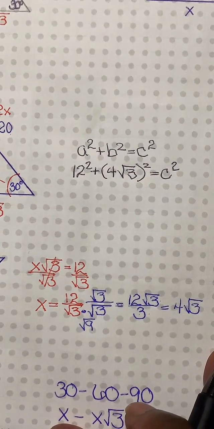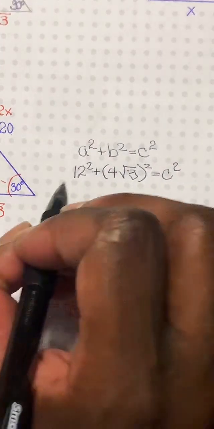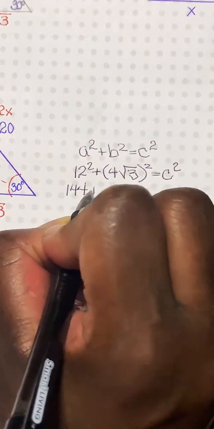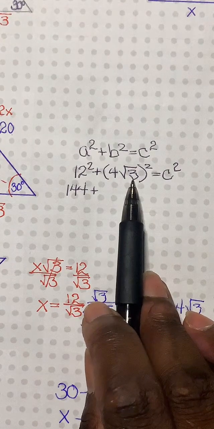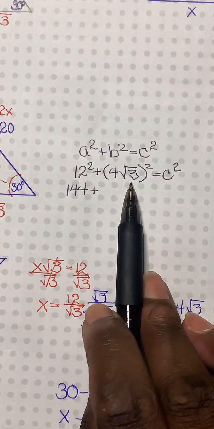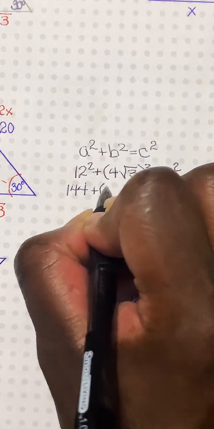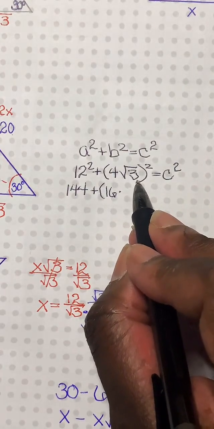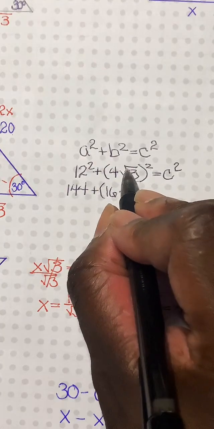Let's say we wanted to do the Pythagorean theorem to find the hypotenuse. 12 squared, 12 times 12, gives me 144. Now, 4 square root of 3, remember, you're squaring everything inside of this parenthesis. That means you're squaring the 4, which gives me a 16. And you're squaring the square root of 3. Remember, squares and square roots are opposites of each other.